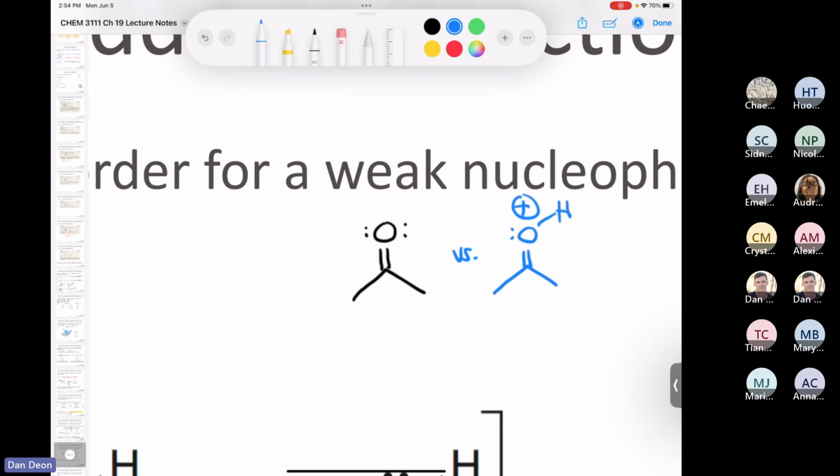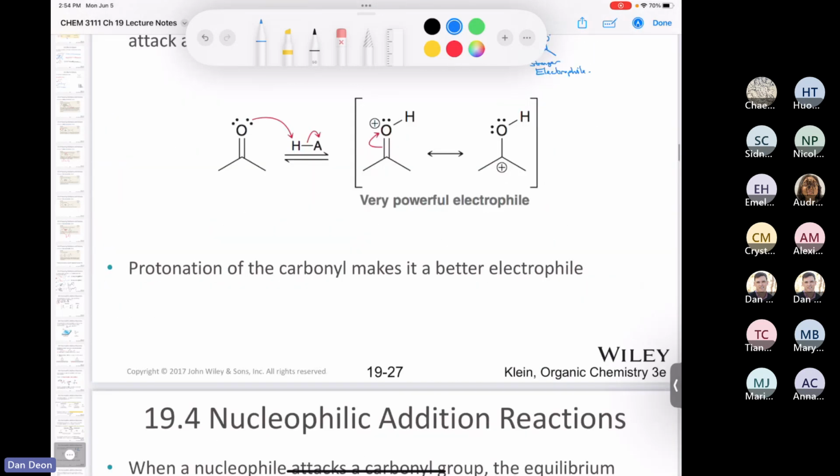The one in black or the one in blue? Exactly, okay? So stronger electrophile. All right, and I want you to keep that in mind because it's going to come up over and over and over in this chapter.